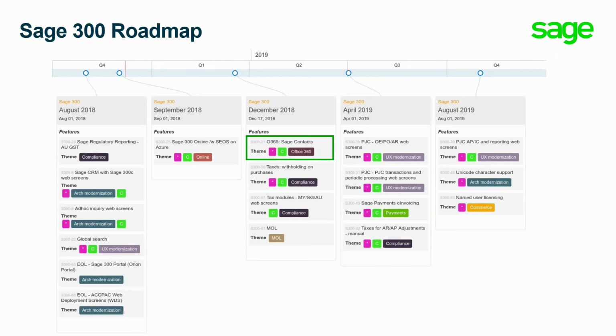So Office 365 contacts. This is something that we're planning for our December release. And what we have for the Office 365 contacts is the ability to get some customer information within Outlook. So it's sort of a mini CRM. So if you're in Outlook with Office 365, you have an email or you're looking at a contact that is a customer in Sage 300, there's going to be a little Sage app that you can click on within Outlook, and it'll call up a pane right beside the email or the customer contact.